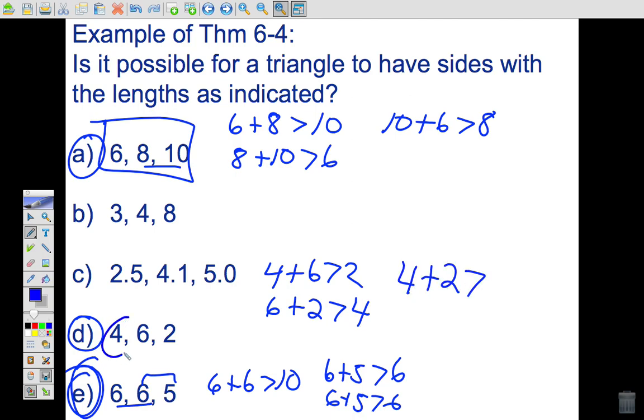When I add these sides, is it greater than the third side of 6? Is 6 greater than 6? No, it's not. So this is an example of, I could not have a triangle with lengths of 4 feet, 6 feet, and 2 feet. The sides aren't going to meet. So what this means is, if the sum of two sides isn't always greater than the third side in all the combinations, you're going to have a triangle where the sides don't meet.